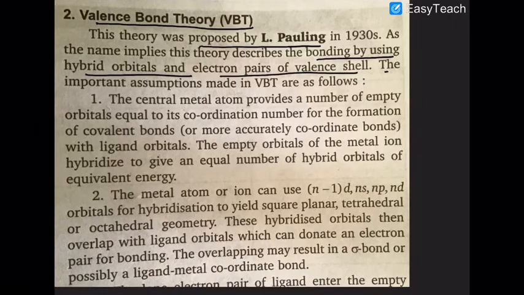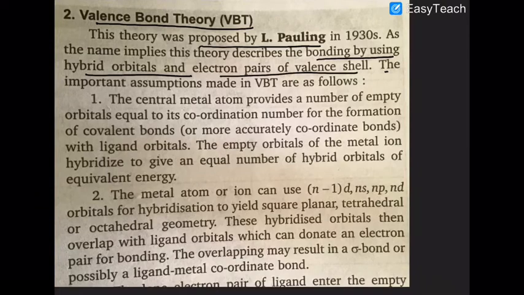So orbitals which have nearly the same energy level will undergo intermixing and give hybrid orbitals. Okay, and in that hybrid orbital, the energy, the orientation and the shape are different from the atomic orbitals from which the hybrid orbital has been derived. These are the main theory.